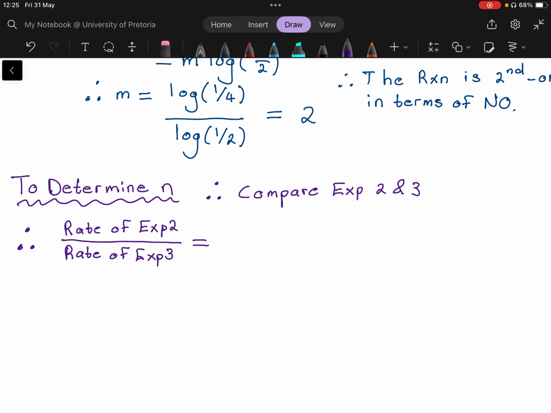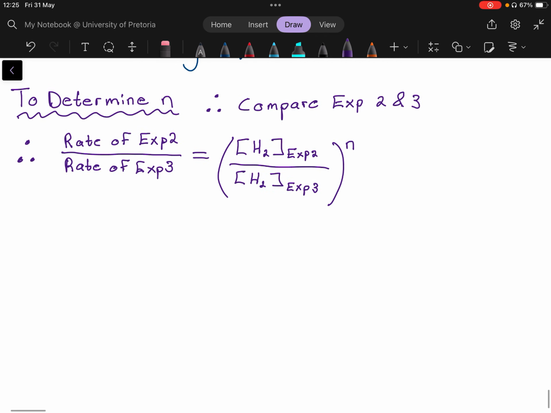So you can immediately write it as equal to, because we know the NO is constant, K is constant, so it's going to be H2 experiment 2 divided by concentration of H2 experiment 3. Remember, I'm skipping some steps, so if you need to, write the steps to the power n this time.